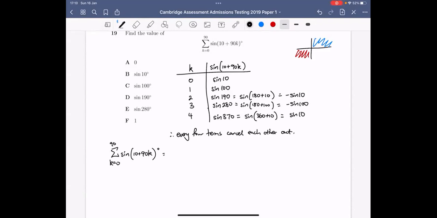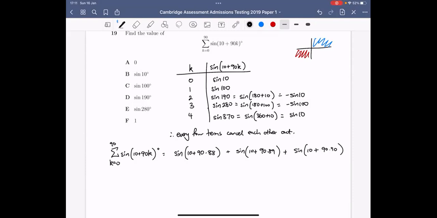So if you think about it in your head, you would have the 88th, the 89th, and the 90th term left. So this is just sine of 10 plus 90 times 88 plus sine of 10 plus 90 times 89 plus sine of 10 plus 90 times 90.